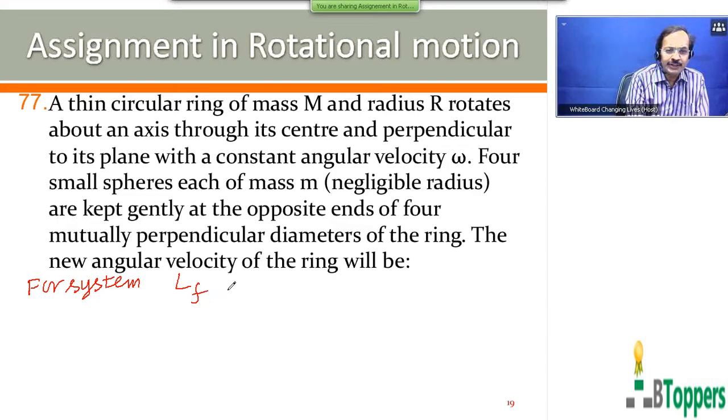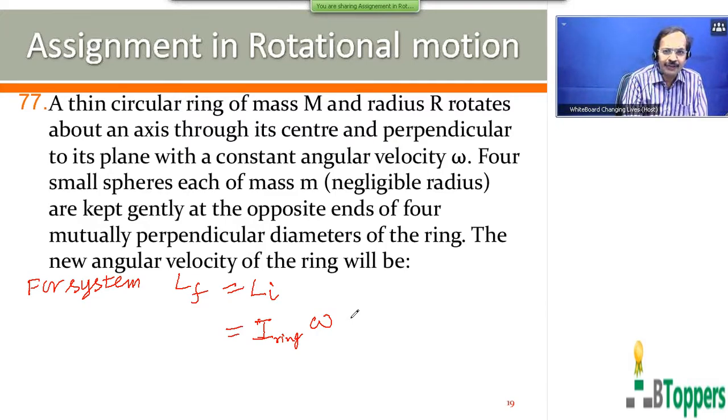So final angular momentum about the central axis of symmetry passing through the center of the ring will be equal to initial angular momentum. Initial angular momentum is equal to the moment of inertia of the ring into initial angular speed, which is denoted by omega.